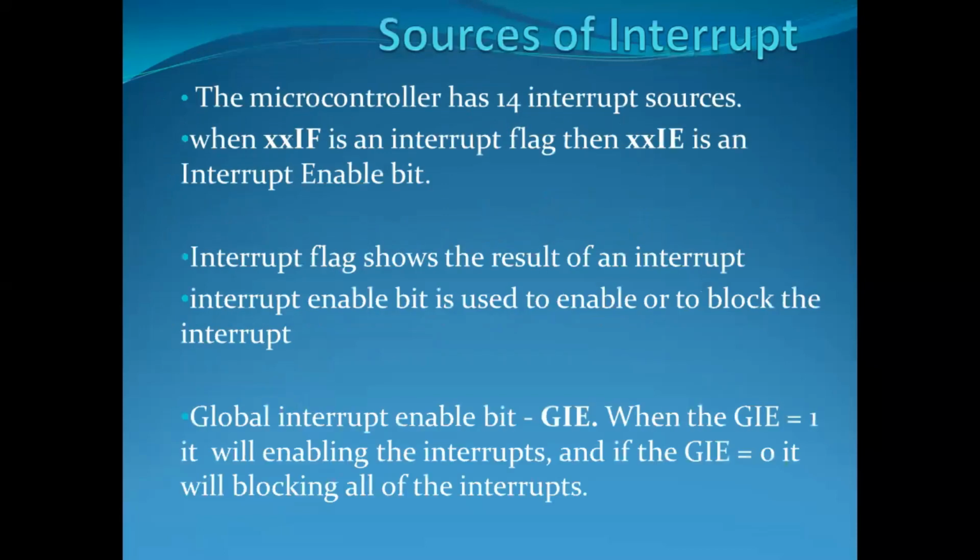So the next one is the sources of the interrupt. The microcontroller has 14 interrupt sources. From the diagram below, you can see all the sources of interrupts, where XXIF is the interrupt flag and XXIE is the interrupt enable.